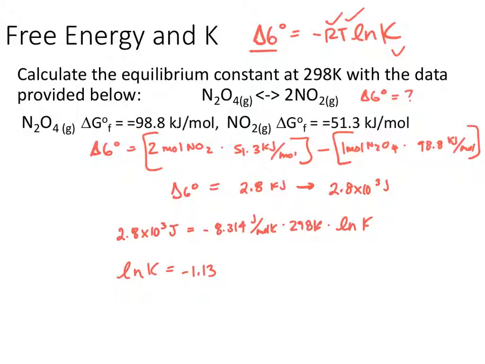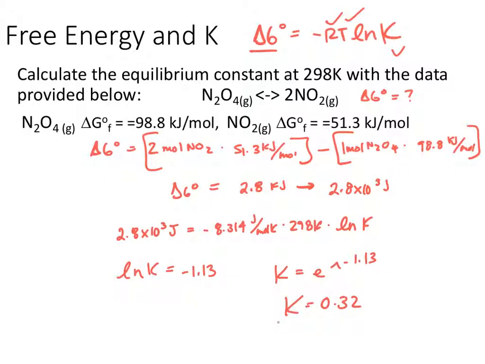And if we take the natural log of both sides, we're going to have K equals e to the negative 1.13. Then if we solve this in our calculator, K is going to equal 0.32.